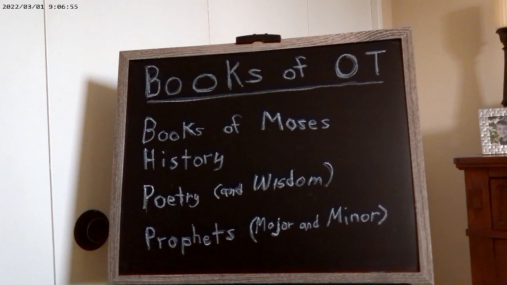They are sort of based on the history of the nations, both the northern and southern kingdoms, but they are not necessarily presenting chronological material, although there are some chronologies in those books.